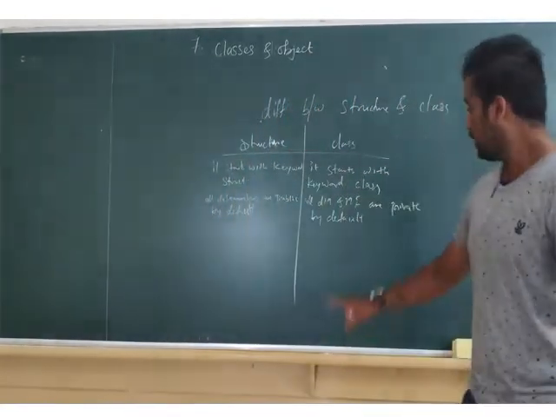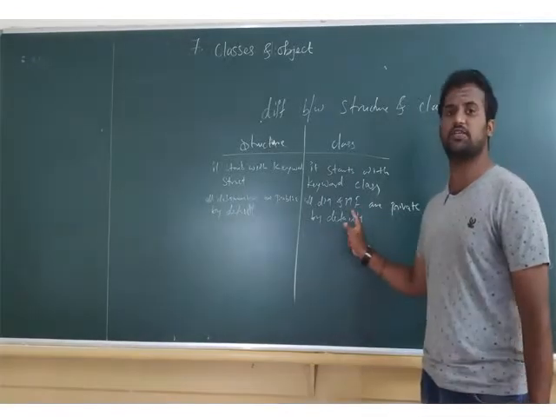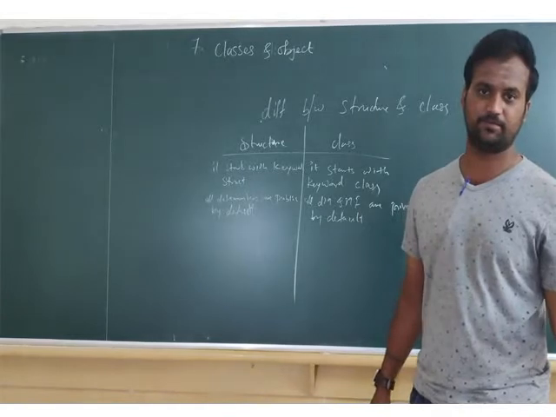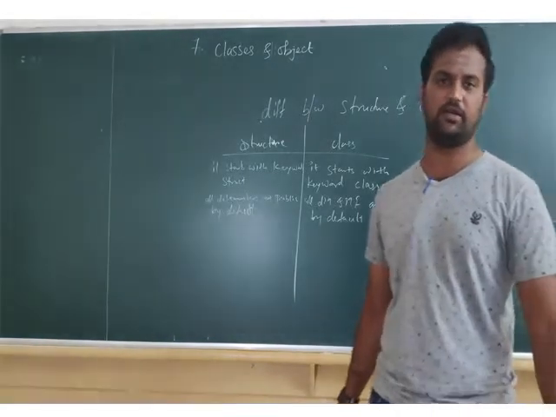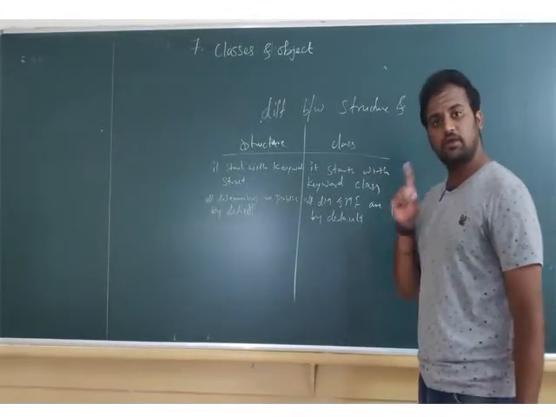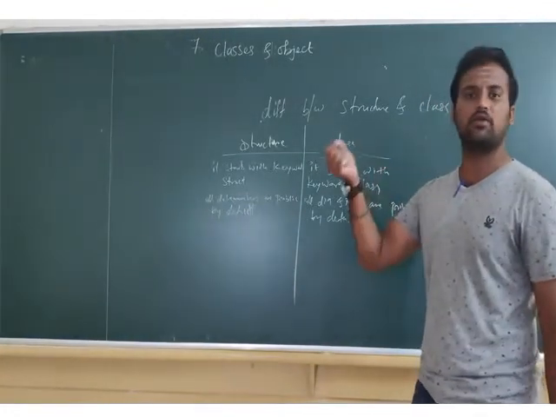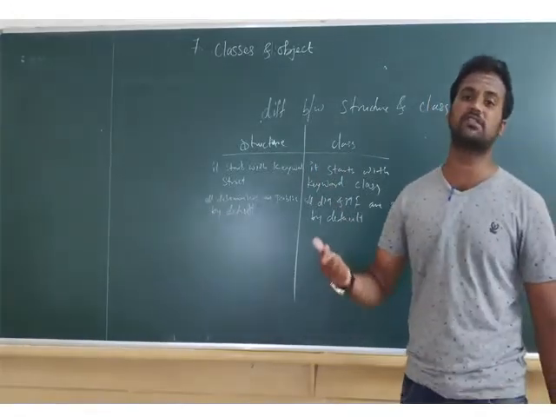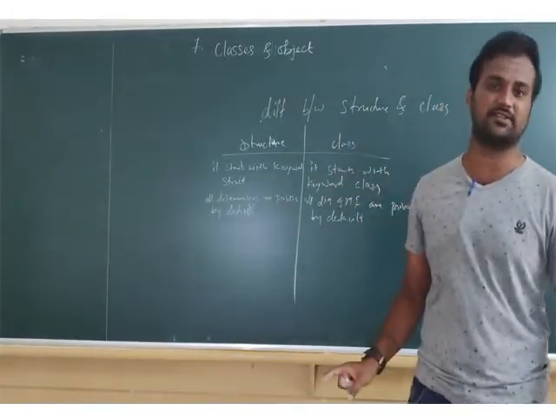Private means here until and unless in class you give the permission, they cannot access your information. Anybody except you. You know how to write a program. You know where you have stored the information. Automatically you can access, but other persons cannot access or other class cannot access.